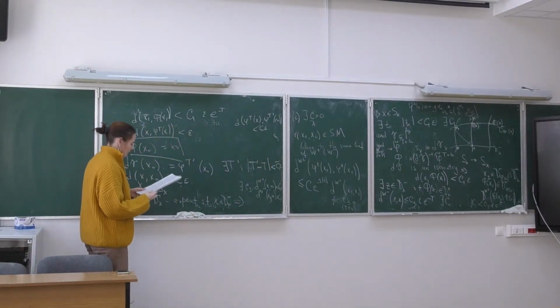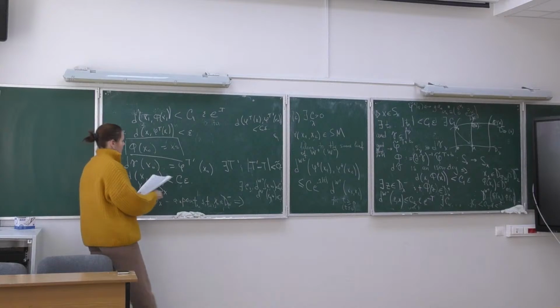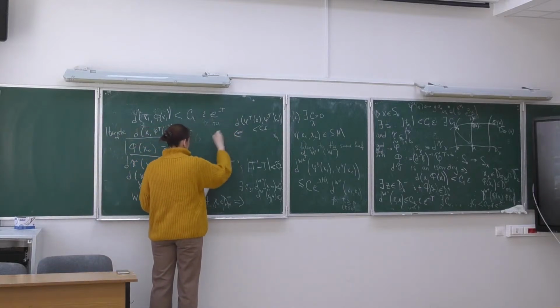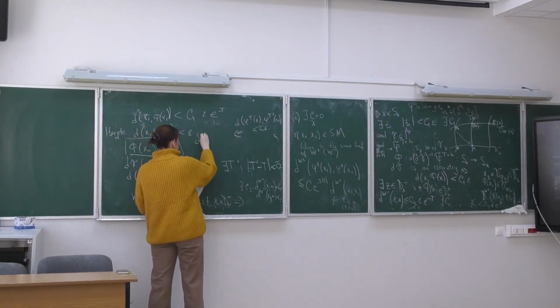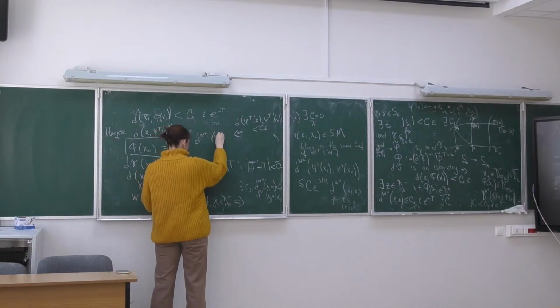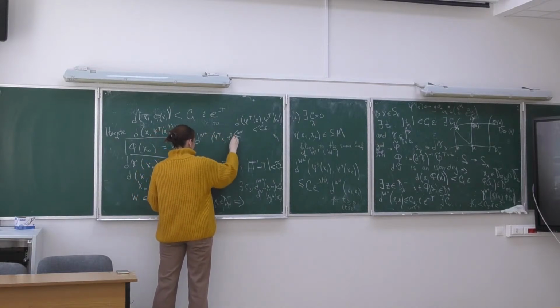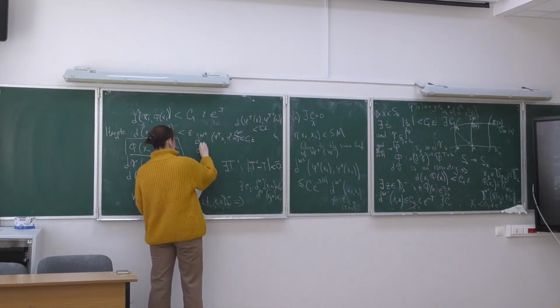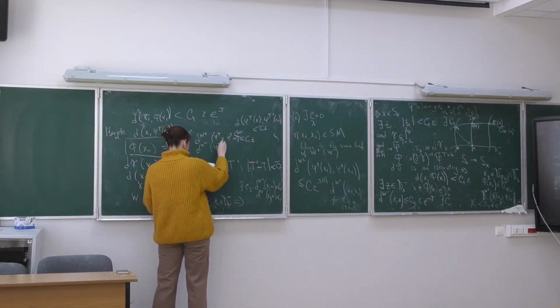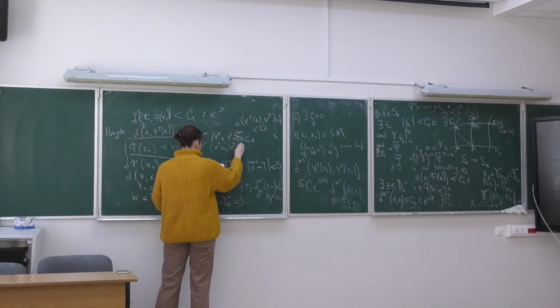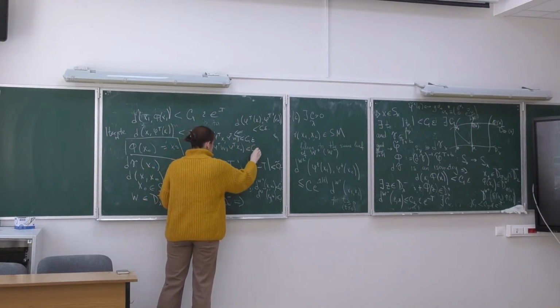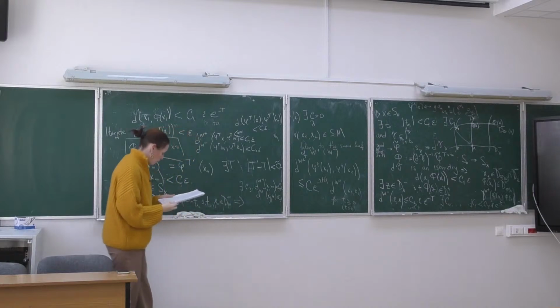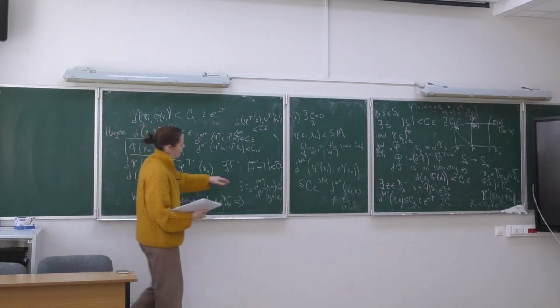So finally we conclude that from all these things it follows that dw plus phi tx, phi tw is smaller than some constant on epsilon, and the same for minus phi tw, phi tx0. It's smaller than some constant on epsilon. Now it's enough to apply this.